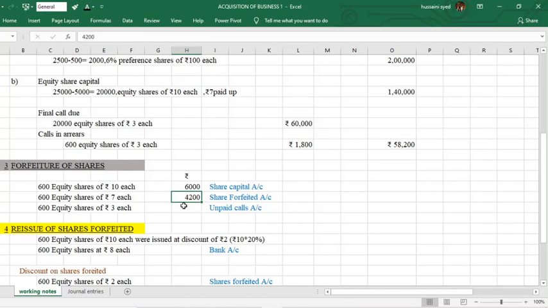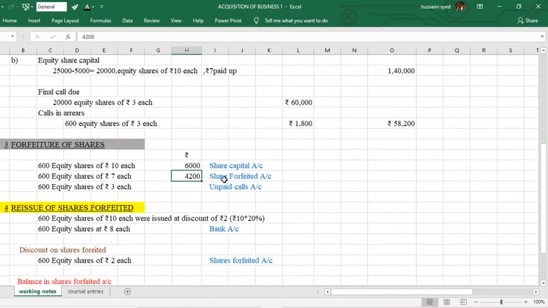The company will charge it as a penalty and transfer it to an account called the shares forfeited account. And when the shares are issued at a discount, the discount amount the company is going to utilize from this account.